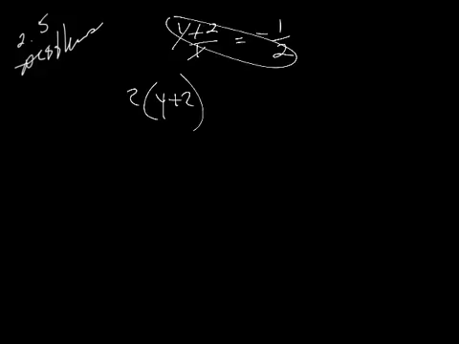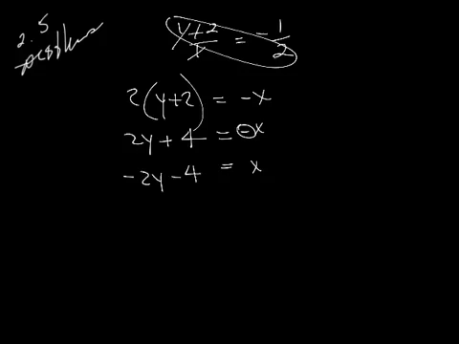Remember to put that in a parenthesis. The 2 is being multiplied by both the y plus 2, and then x times negative 1. Okay, so I have 2y plus 4 equals negative x. And this has to be a positive x. So remember, if you change it to its opposite, you have to change the other side, everything, to its opposites. And now we have x equals negative 2y minus 4.